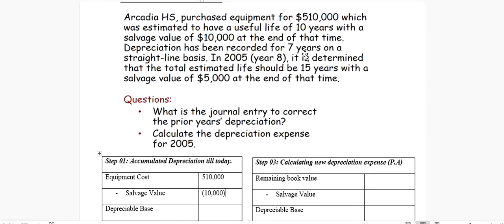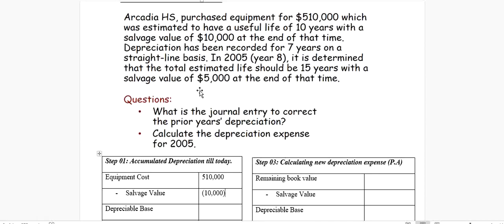Out of these 15 years, 7 years are gone, and 15 minus 7, 8 years are still remaining. After 15 years, its salvage value will not be $10,000, it will be $5,000. Life is an estimate, salvage value is also an estimated value, and both estimations changed.